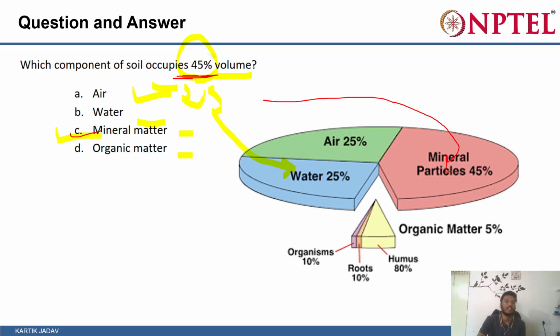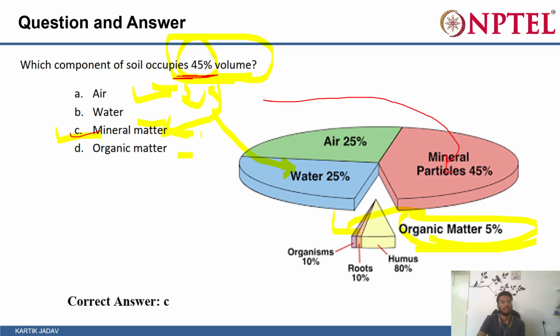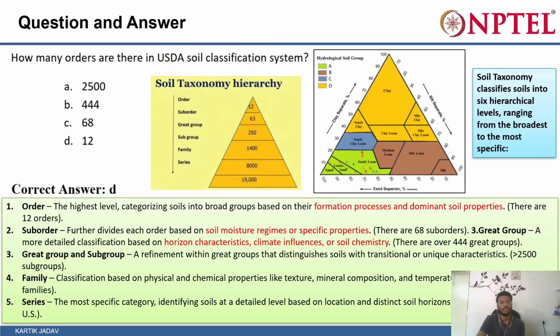The remaining 5% is covered by organic matter, and in organic matter distribution we have organisms that cover 10%, roots cover 10%, and 80% is covered by humans. So the correct answer for 45% volume is option C.